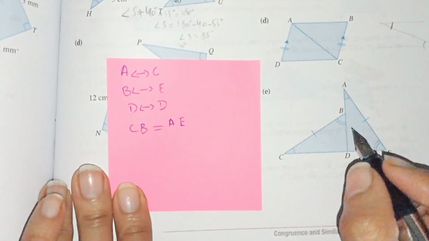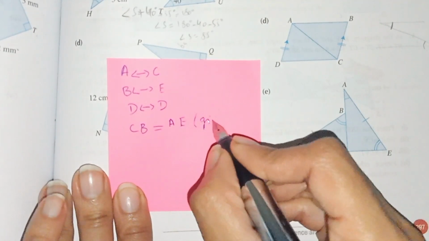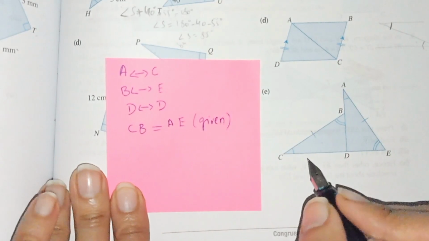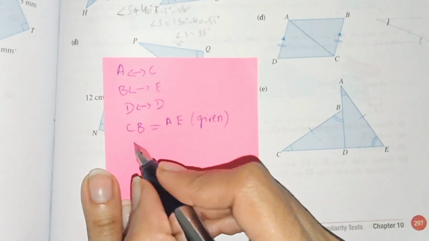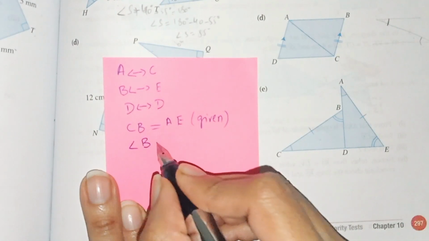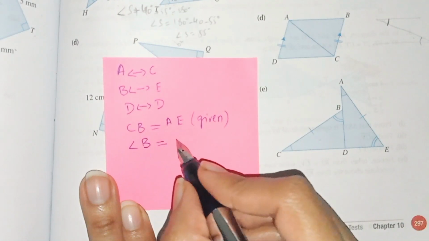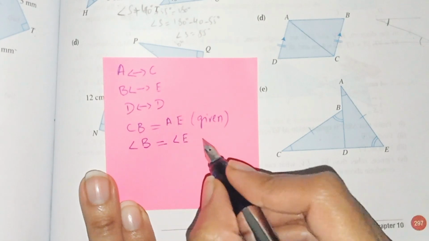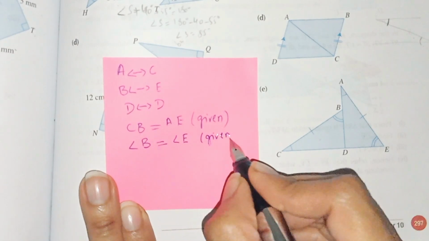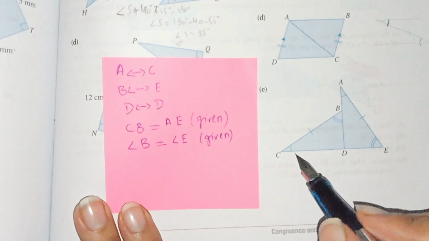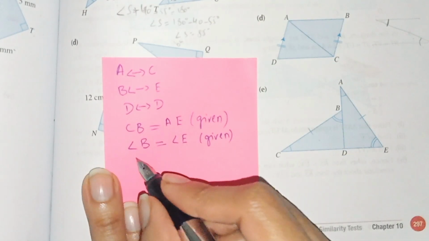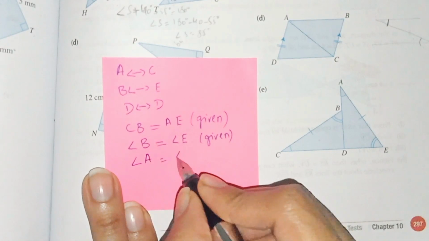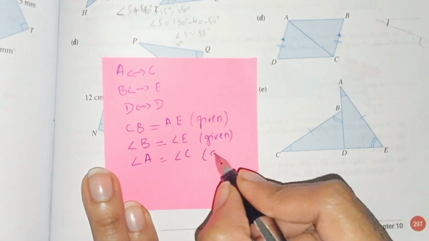That mark shows that both lines are equal. We can see angle B is equal to angle E, and that is also given to us. And now we also observe that angle A and angle C are also equal to each other. This is also given to us.